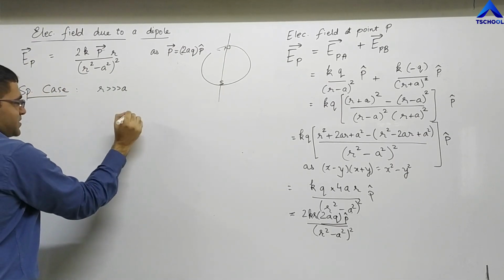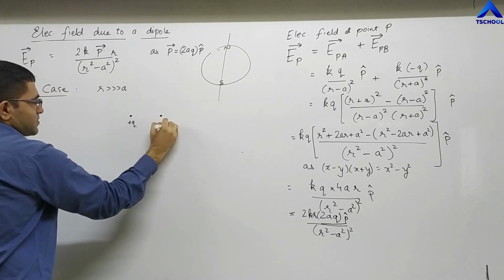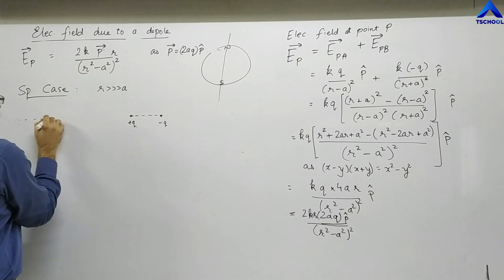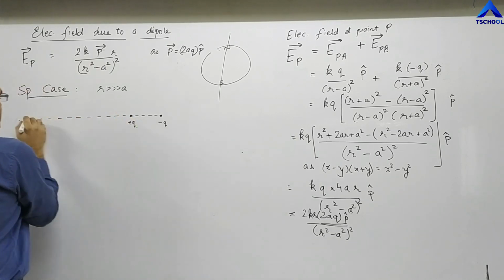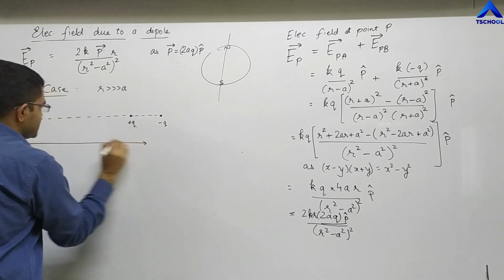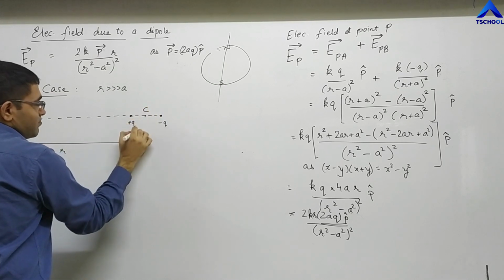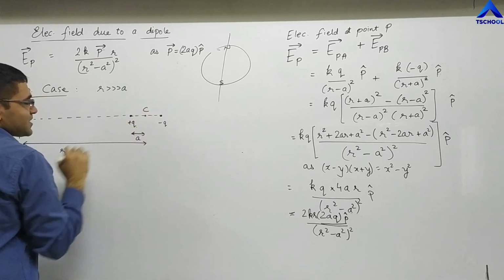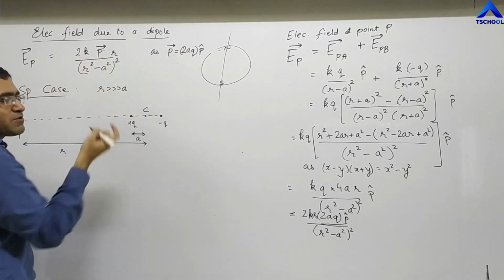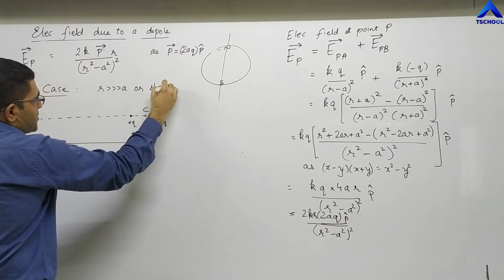Let's say that here is that dipole again, but the point that we are trying to find the electric field at on the axis is very far, so that this distance R is in fact much greater than this distance A. Correct? That's what I've written over here: R is much greater than A. In words, you could write that this is a short dipole.